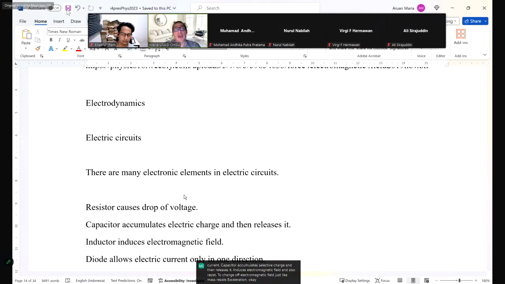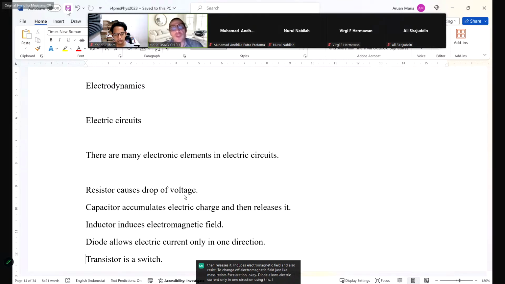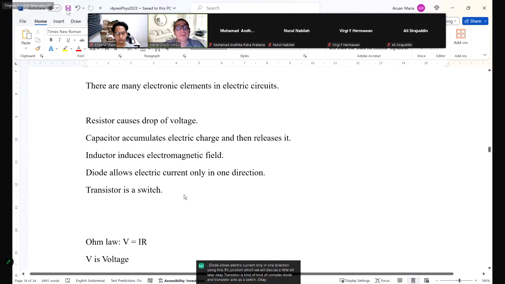Diode allows electric current only in one direction using this PN junction, which we will discuss a little bit later. Transistor is kind of complex diode, and transistor acts as a switch.